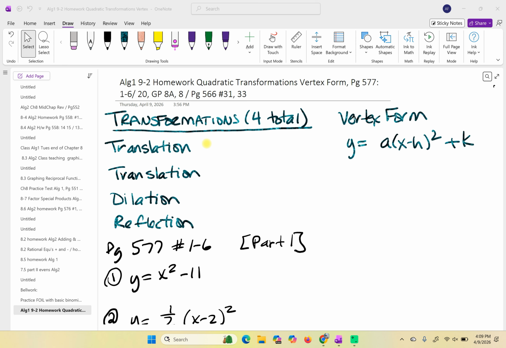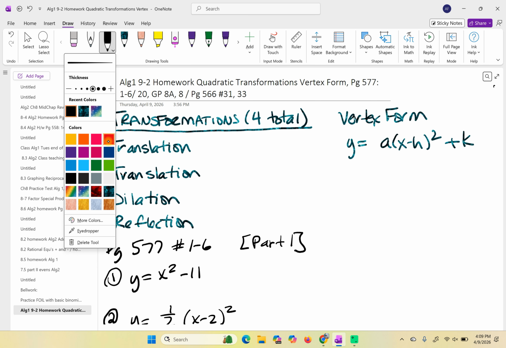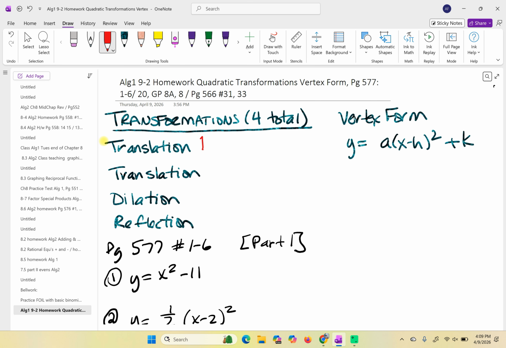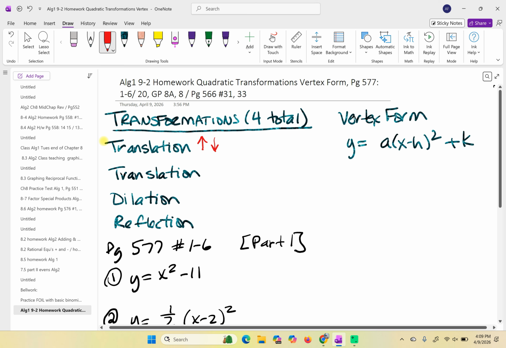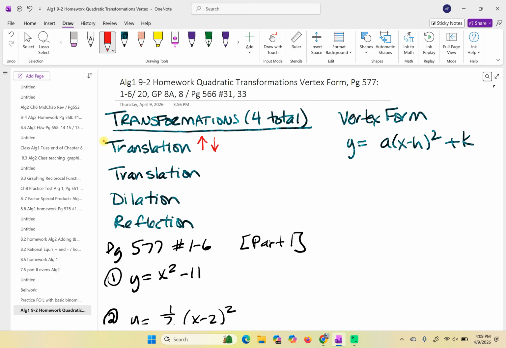There's a translation up or down, which is determined by the k value in vertex form. There's a translation left and right as determined by h.